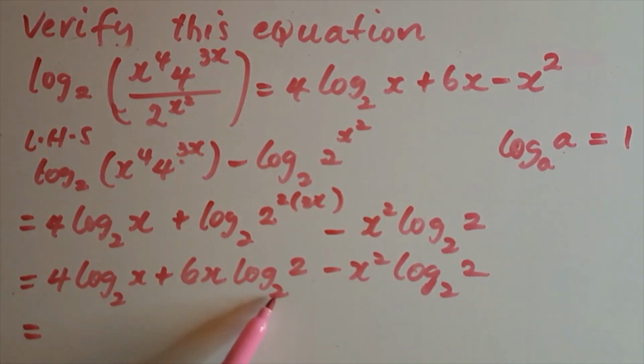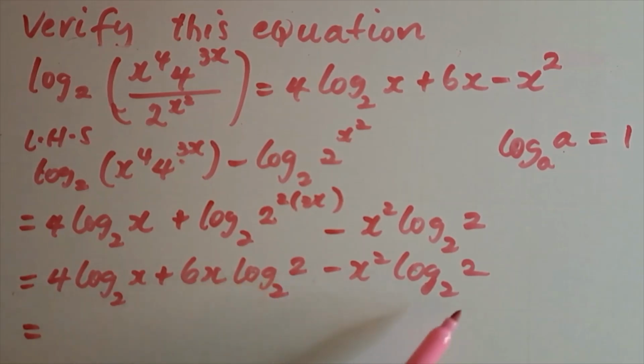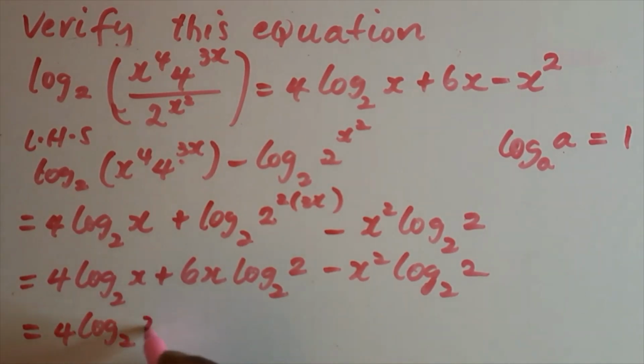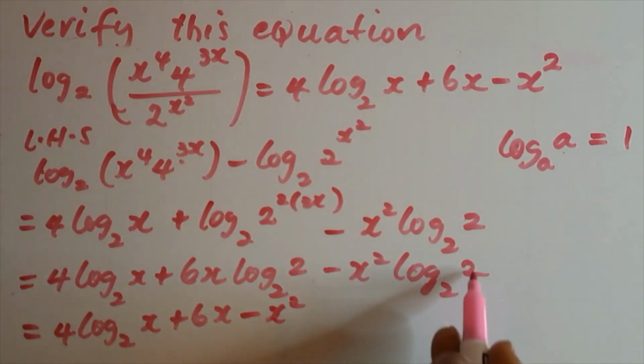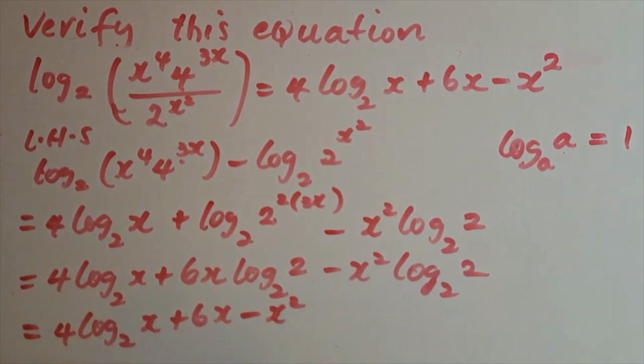So this form occurs here and also here. So we can rewrite this as 4 log to the base 2 x, add 6x times 1, which is 6x, and minus x squared times 1, because this evaluates to 1, and this clearly is the same.